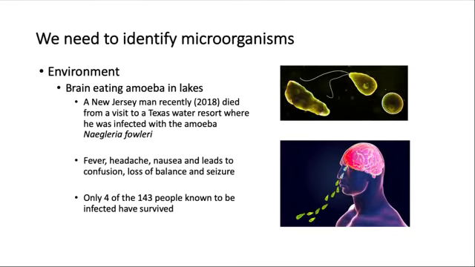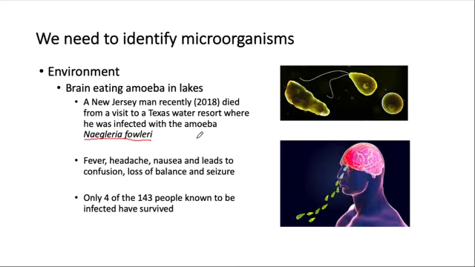An example would be Naegleria fowleri. Naegleria fowleri is a protist, so it's an amoeba-like organism that is able to eat our brain cells. If somehow it gets into your system and is able to access your brain, you would end up getting infected, and it will result in fever, headache, nausea, and generally people die from it.